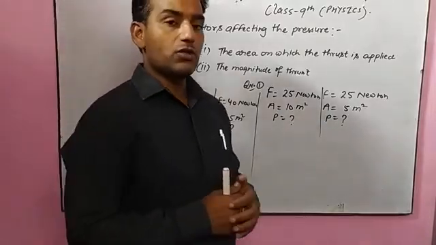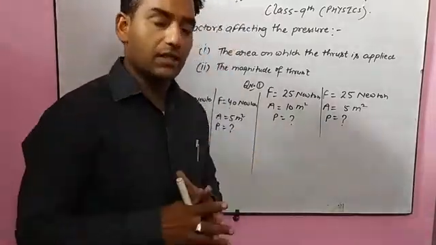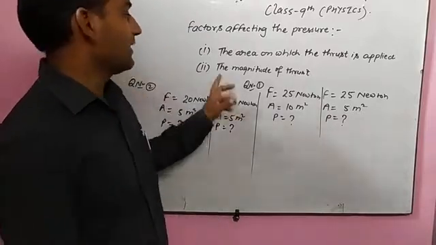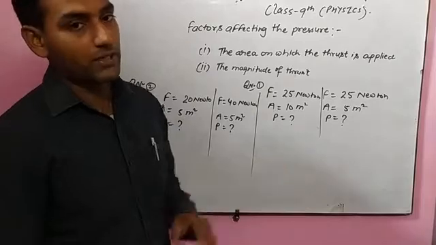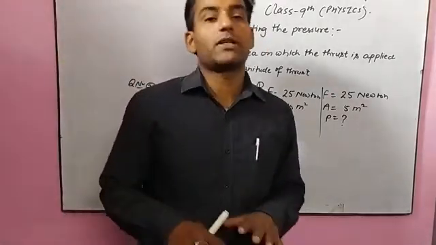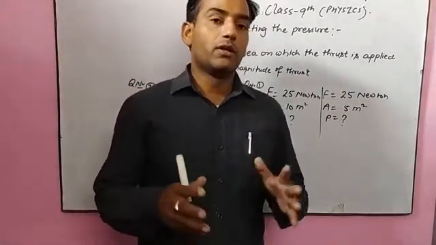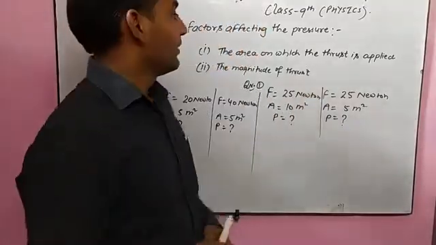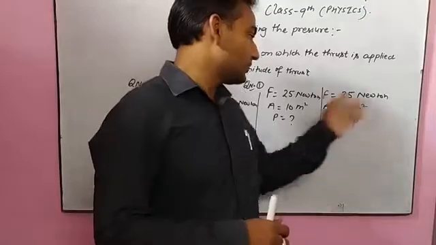So the first factor on which pressure depends is the area of the surface, and the second is the magnitude of the thrust, obviously. How much weight the object has also determines how much pressure is exerted by the object.